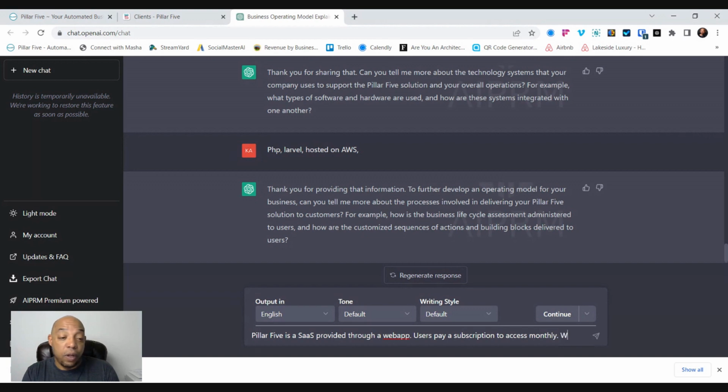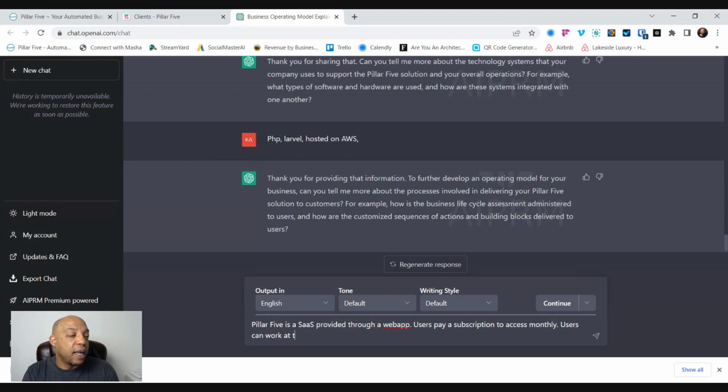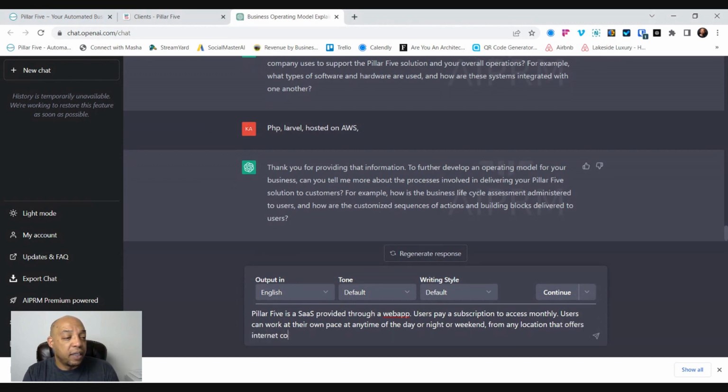Users can work at their own pace at any time of the day, night, or weekend from any location that offers internet connectivity.